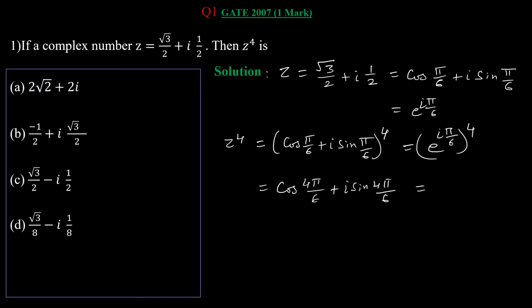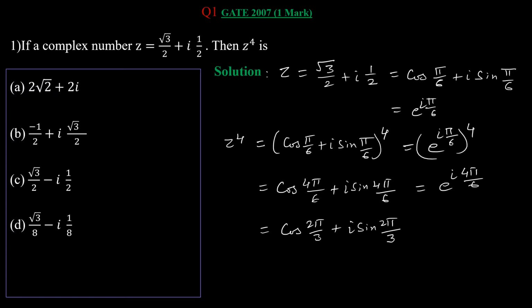And this way you can also write e to the power i 4 pi by 6. Both are the same. So it can be written as cos 2 pi by 3 plus i sine 2 pi by 3.